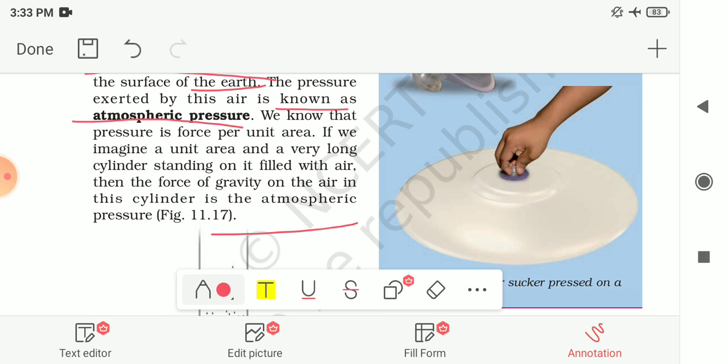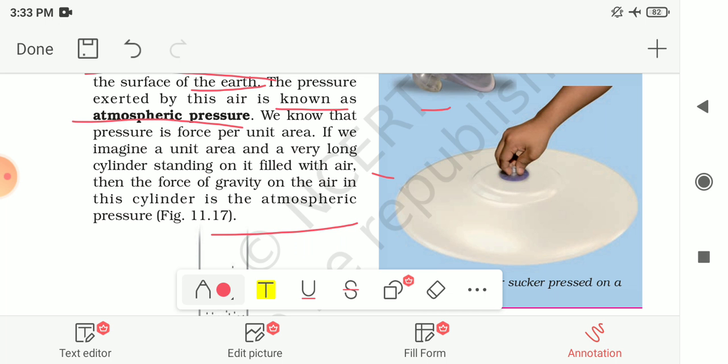You may find this at the bottom of a tripod stand or teapoy. You have to press it hard on a smooth plane surface, and answer whether it sticks to that surface. Then try to pull it off the surface and answer whether you can do it easily or not.